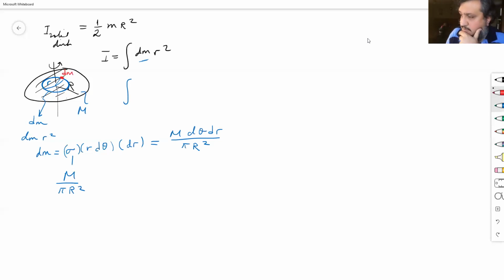In my case, I want to find the mass of the ring. Let's call it dm prime. So I multiply this by the circumference, which corresponds to an integration on theta from 0 to 2 pi.